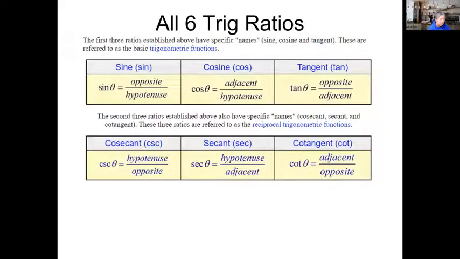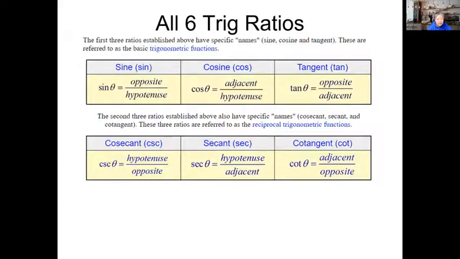In the same manner, cosine has its reciprocal function, and we call it secant. The notation is SEC, and as you can see, that's the reciprocal of adjacent over hypotenuse, so secant is hypotenuse over adjacent.